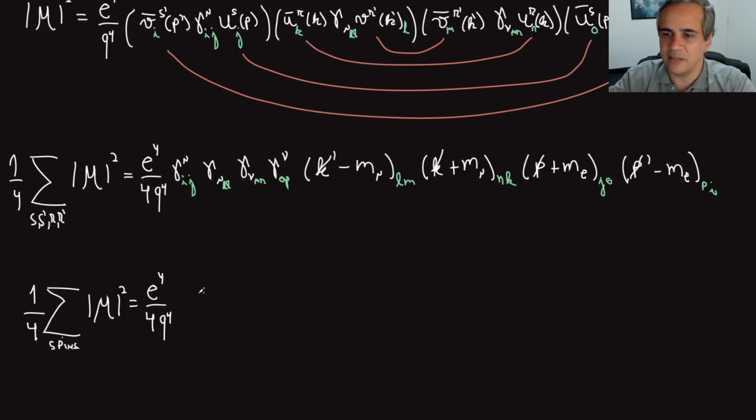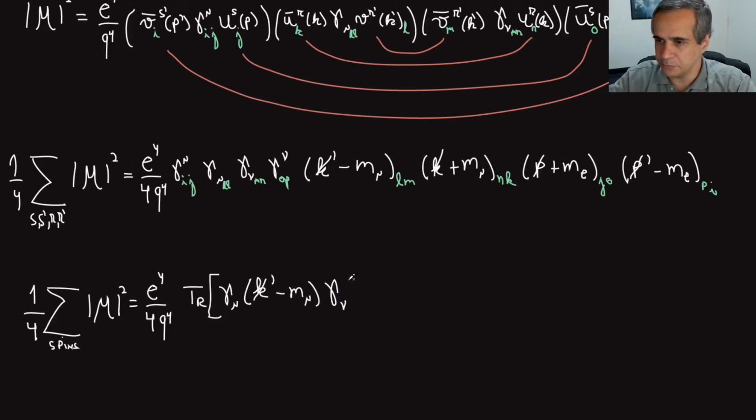So I got a trace, I got a cyclic thing here, and just looking at those indexes, I know the order. This will be a gamma mu, right? K slash prime minus M mu, gamma nu, K slash plus M mu. So this is a trace for the muon line, right? And I got another trace.